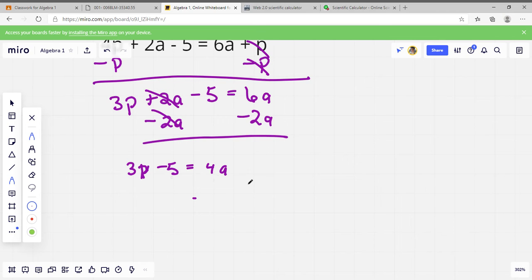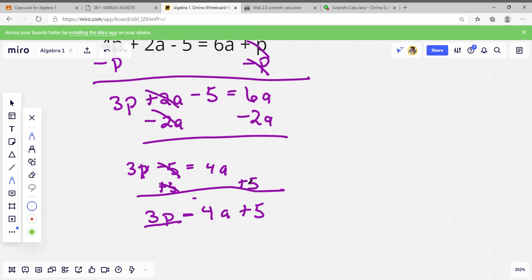Now I just have to get rid of this minus 5, so plus 5. Those cancel, and I get 3p equals 4a plus 5.